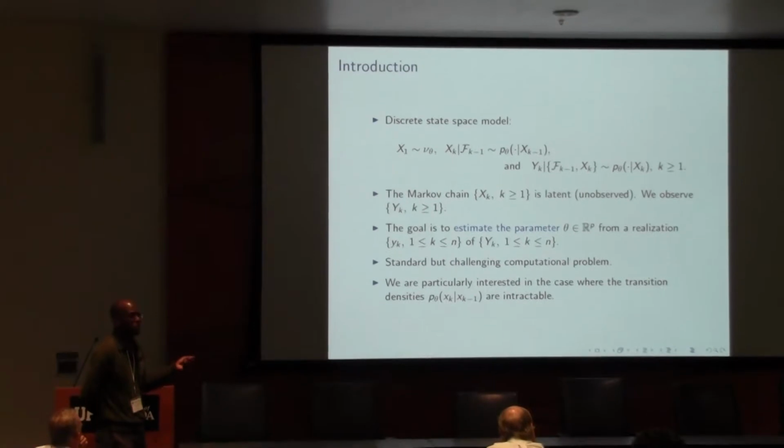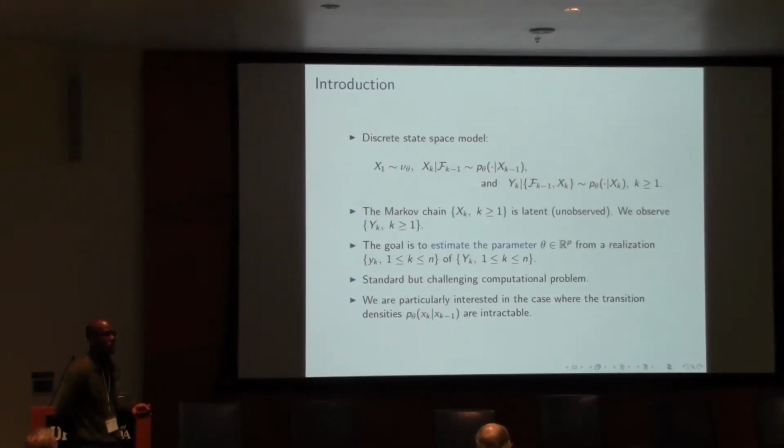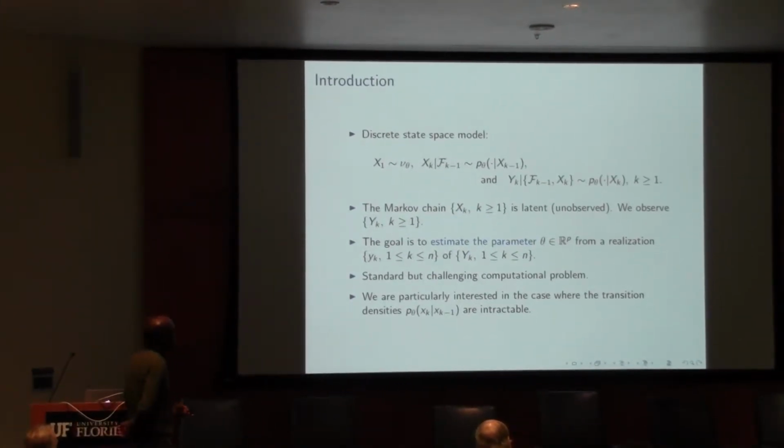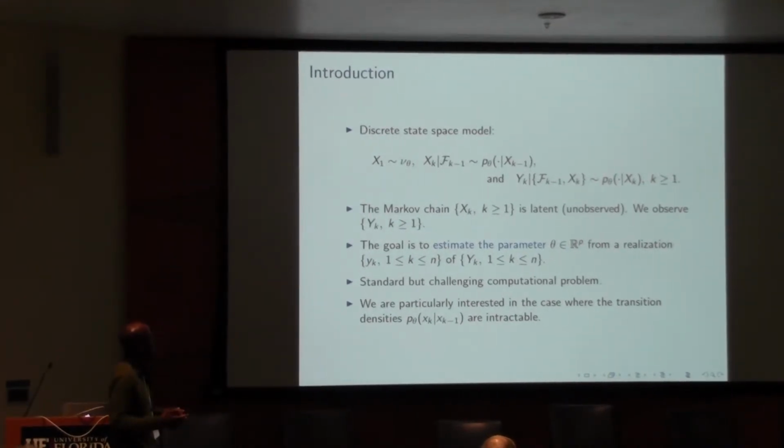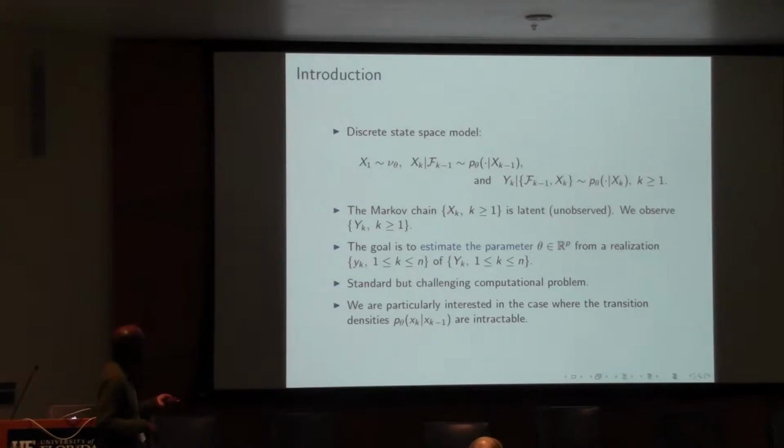There are a lot of problems where this arises, where you cannot actually compute that. And we have this very simple and nice idea, which doesn't require the transition density. Everything is based on the ability of sampling from the signal.